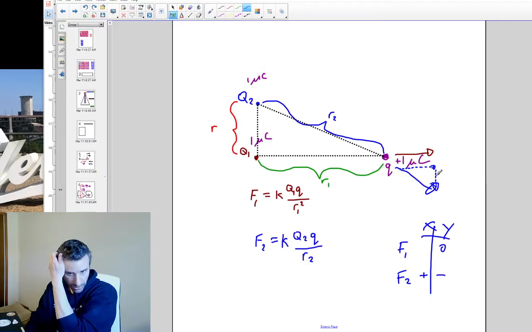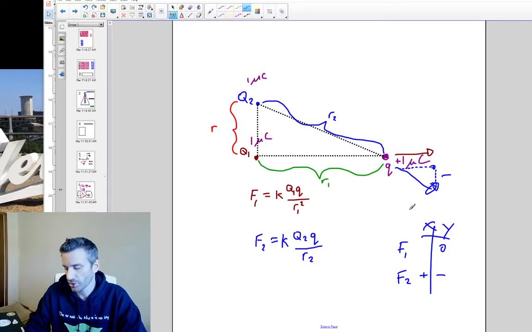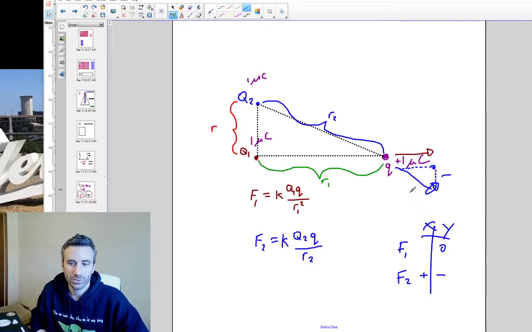I don't know the numbers, but it's no big deal. You add up the x's and y's, then make a new triangle and find the hypotenuse of that triangle. Just a little recollection of vector addition. You might want to go back and re-watch my vector addition video if you need that refresher, okay?